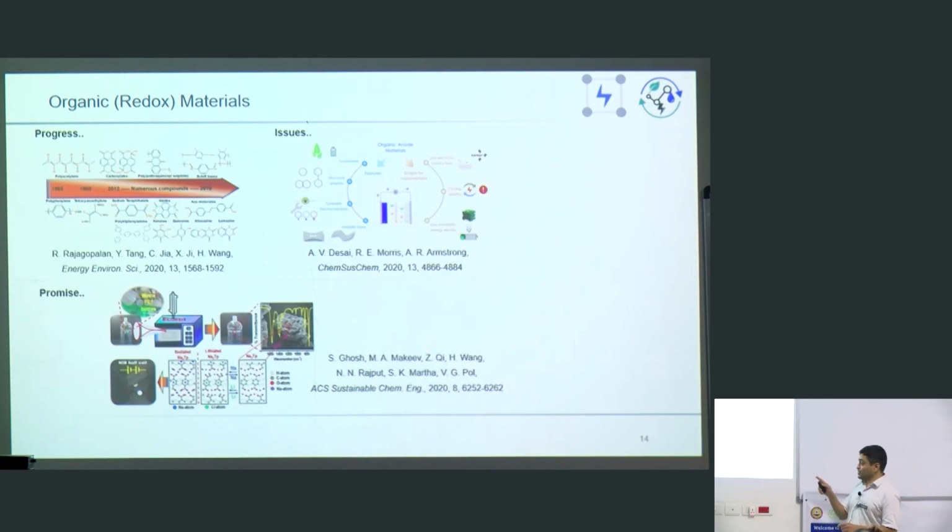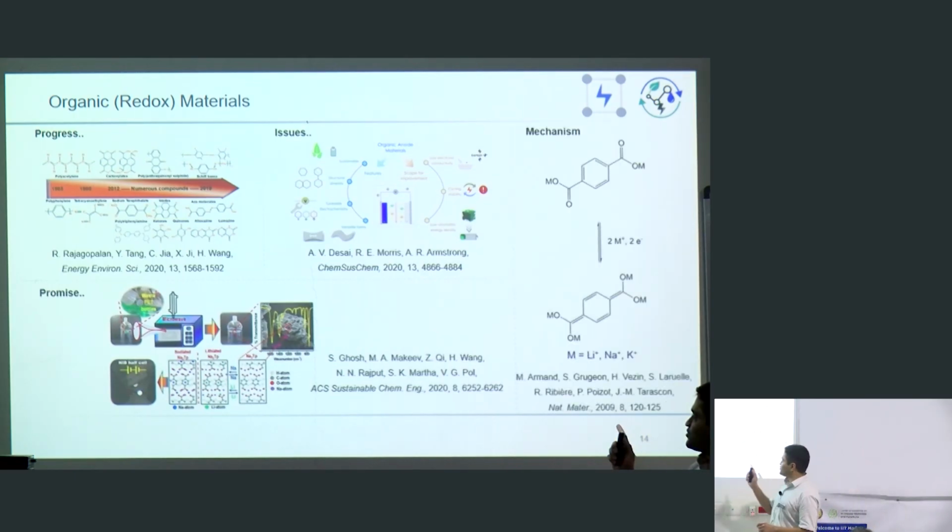And if you're wondering how this electrochemistry works, this is from a paper from Tarascon's group in 2009, where they showed that if you have an alkali, dialkali terephthalate, in this case they chose the lithium salt, and you have ion and electron insertion, you can actually have the insertion at this carbonyl site, and the double bonds rearrange themselves to ensure that the aromatic nature is not lost.